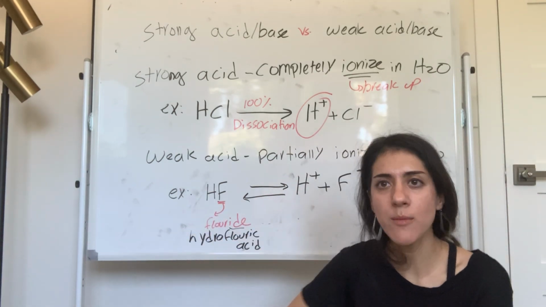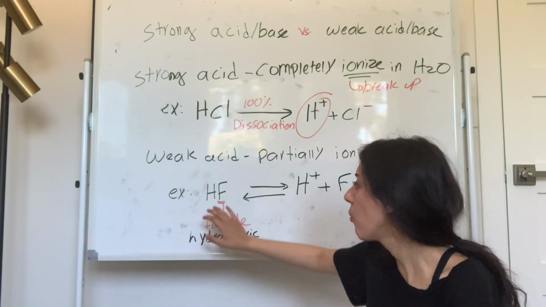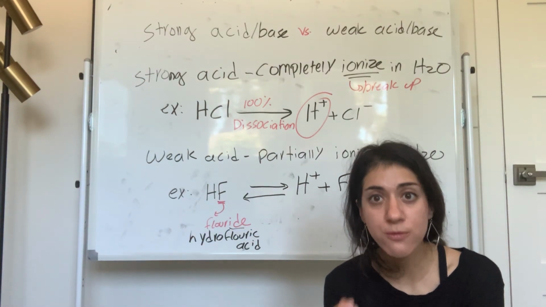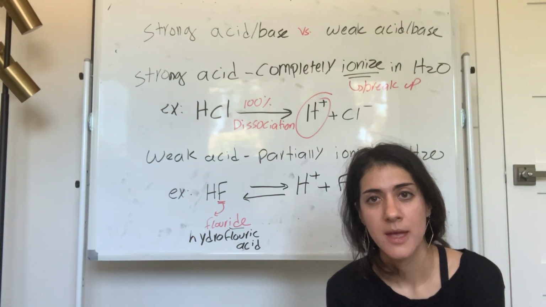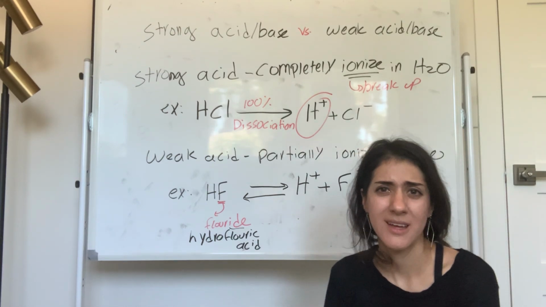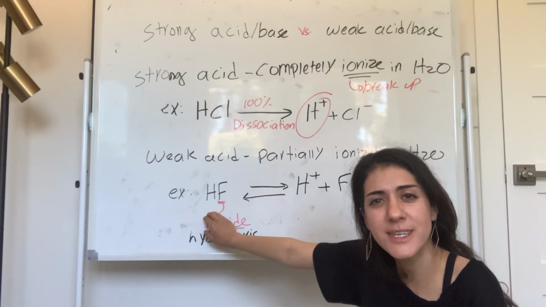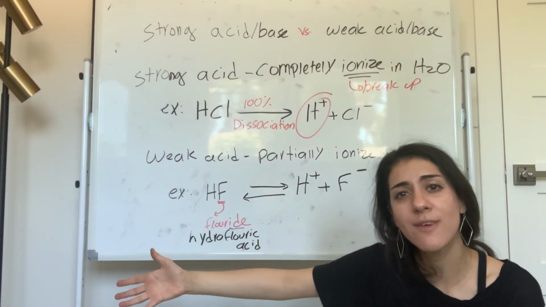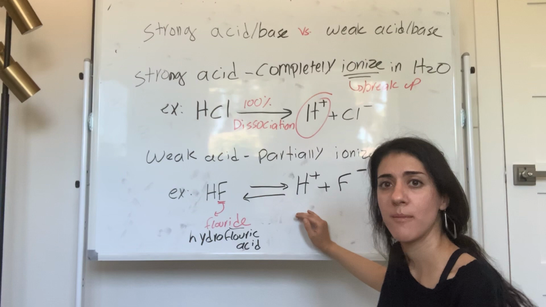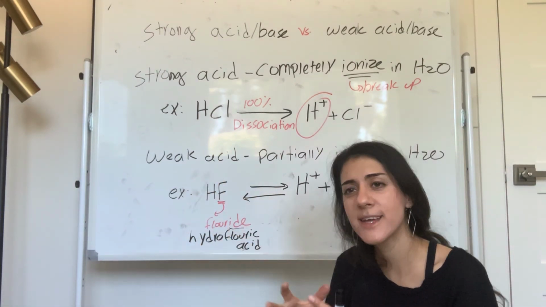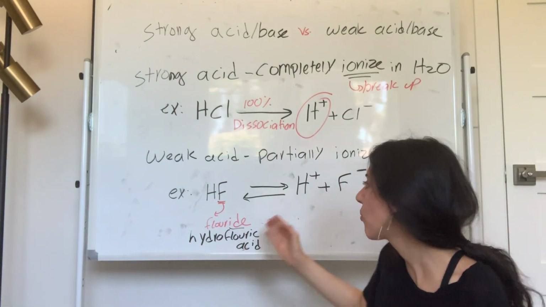So, for example, if I have 100 hydrofluoric molecules, maybe 95 of them are going to stay together, and 5 of them, for example, would break up. So most of them actually stay together, but some of them will break up.